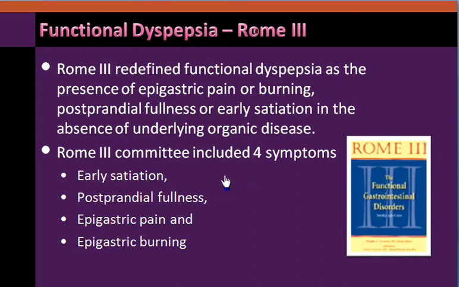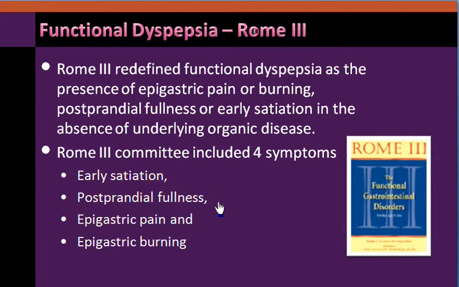So, if we put them as 1, 2, 3, 4 points, the 4 symptoms that are included by the Rome 3 committee are early satiation, that means the patient, as soon as he starts taking a few gulps of food, he feels full and he is not able to eat further.